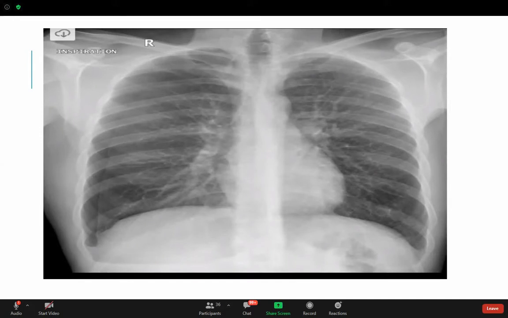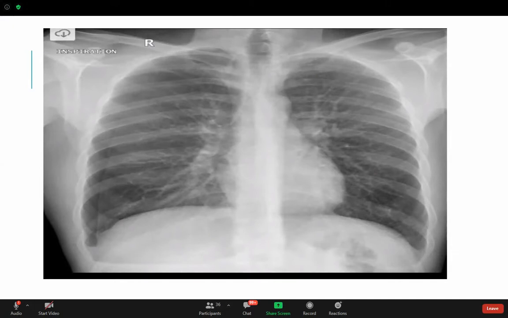Okay, bilateral. No, this is probably talking about the... what do you guys see? I need your help. This patient is in the emergency department complaining of shortness of breath after having a sudden onset right chest pain. What do you guys see?